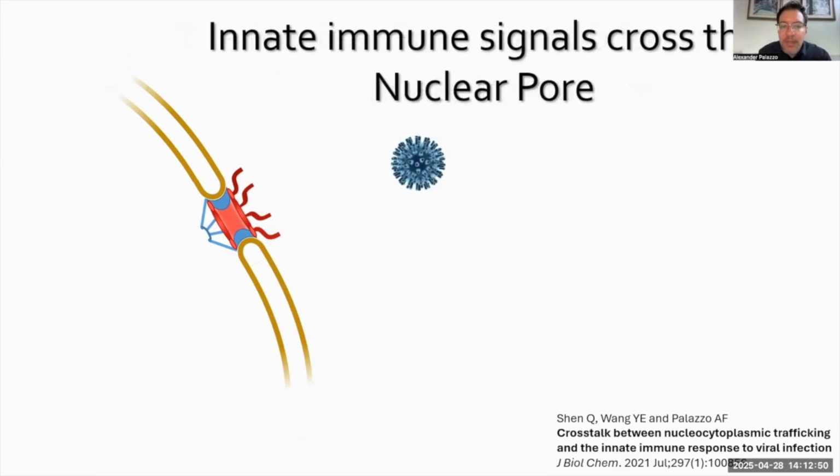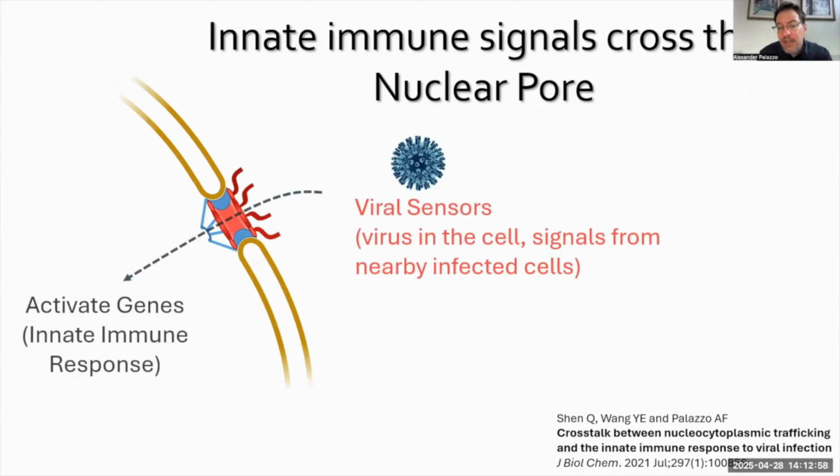When viruses infect cells, cells can sense this, and signals that start off in the cytoplasm then have to traverse the cytoplasm and cross the nuclear pore so those signals can activate genes involved in the innate immune response pathway. So the pore is a necessary route through which these signals must traverse.